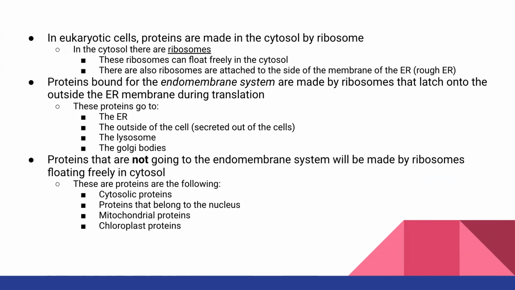Proteins bound for the endomembrane system are made by those ribosomes that are attached to the ER. So that's kind of like the co-translational aspect. And then proteins that go to the endomembrane system are either going to the ER themselves, secreted outside the cell, the lysosome, or the Golgi bodies.